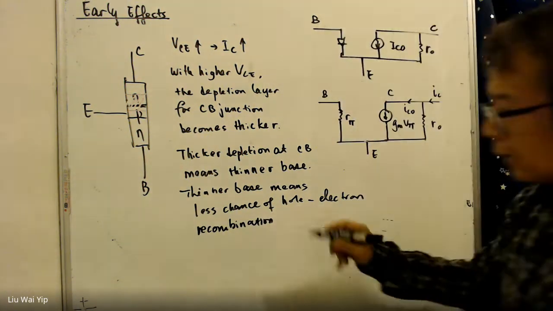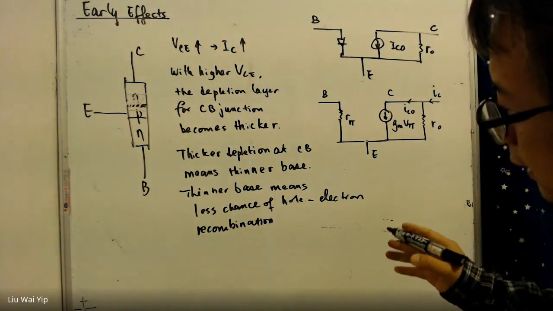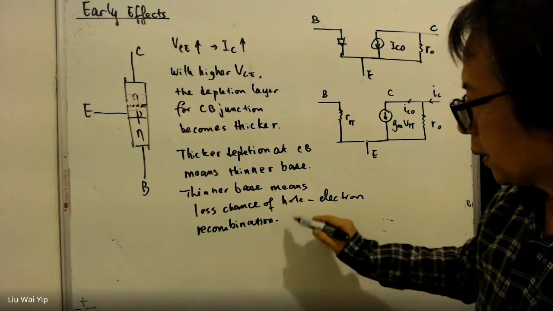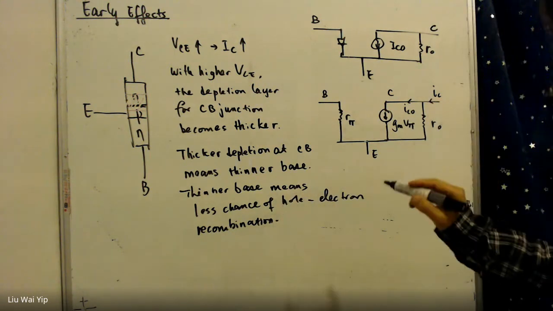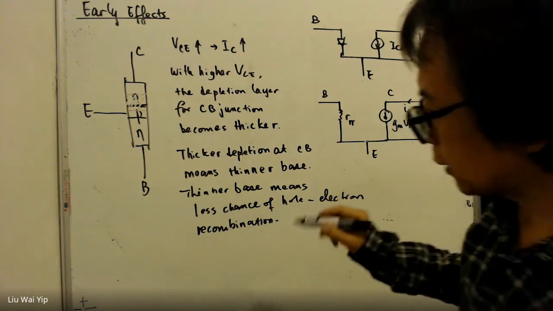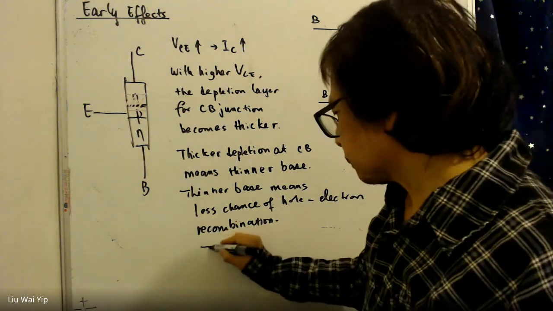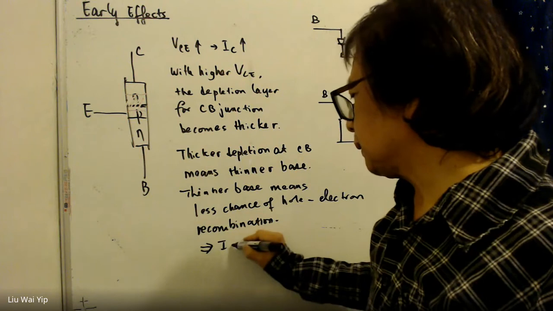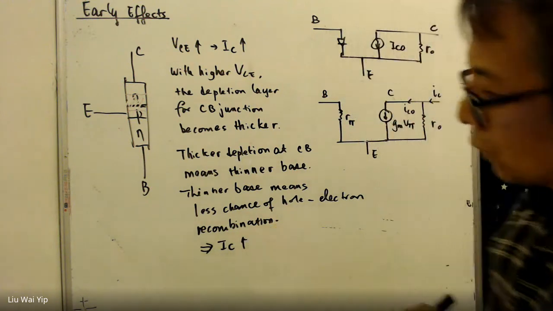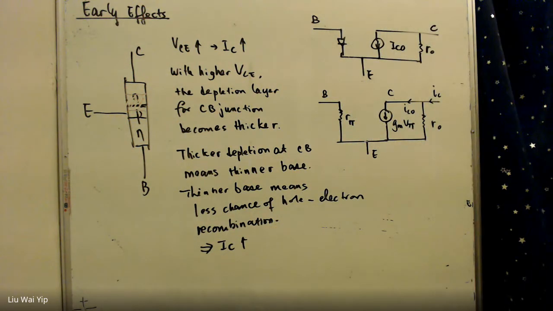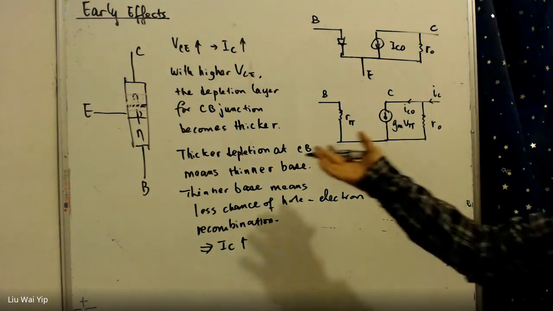And in semiconductor physics, less chance of hole-electron recombination means higher collector current. So I hope this is clear enough for you.